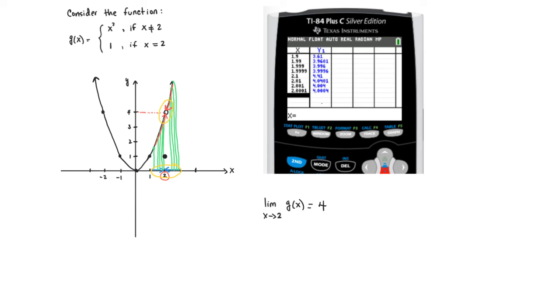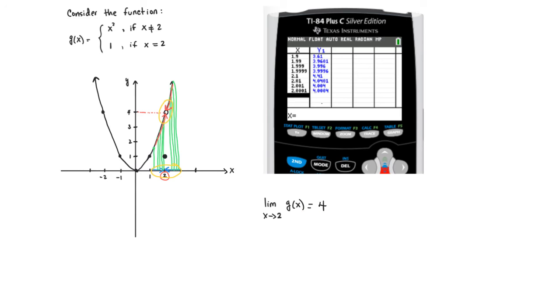A function has a limit if the y values are approaching the same number. So x is getting very close to 2, and the y values are getting very close to 4. Then we say that the limit as x approaches 2 of the function g of x is equal to 4.